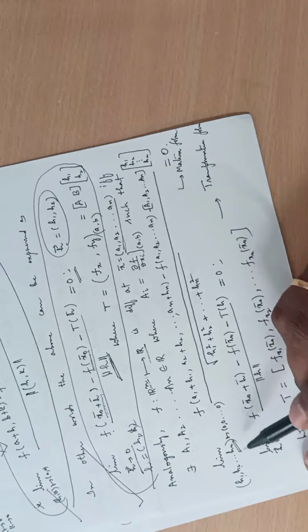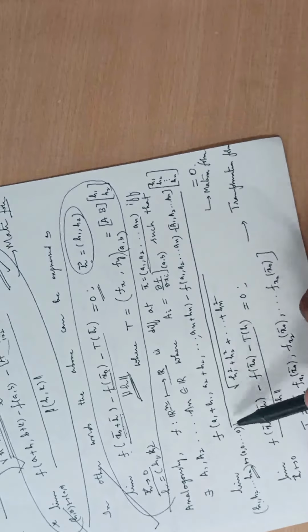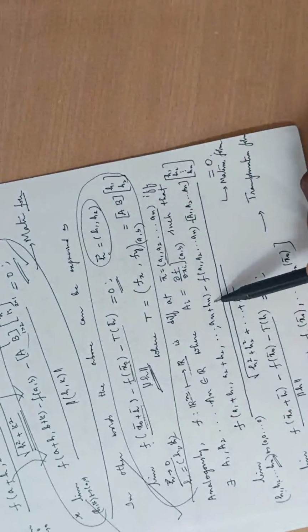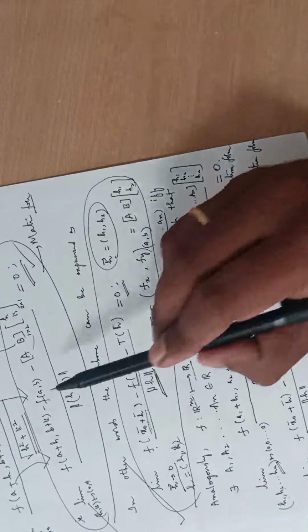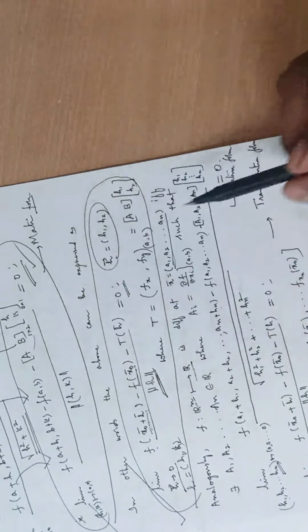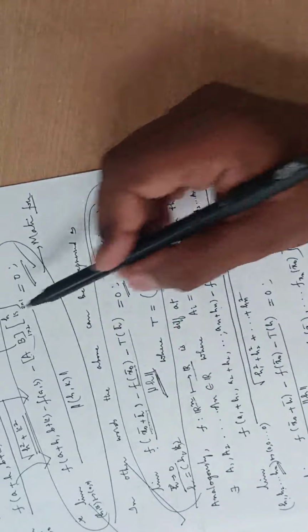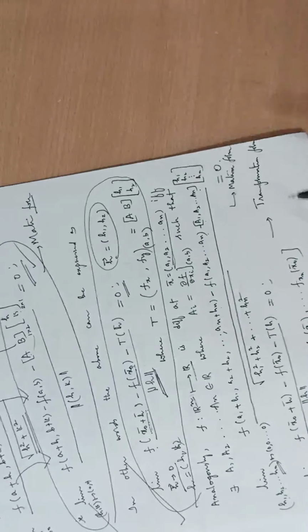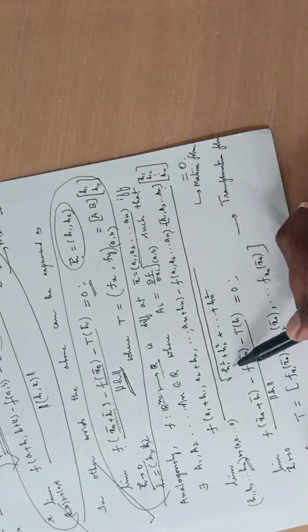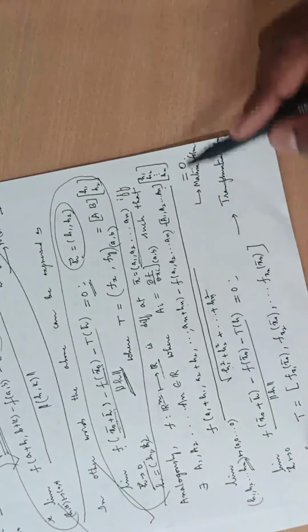You must entertain n members instead of 2 members. Here only 2 were there, you entertain n. The magnitude is the square root of h1 square plus h2 square up to hn square. That must tend to 0.